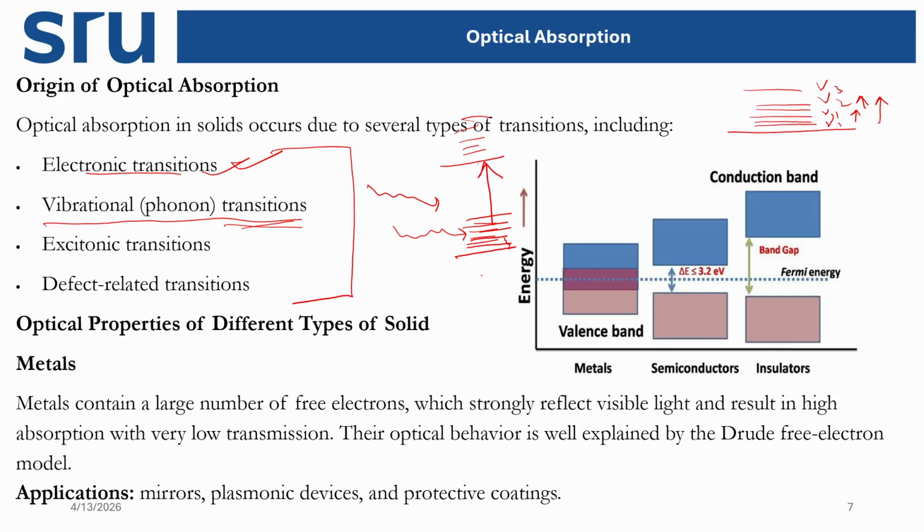An excitonic transition is this: let's say an interaction with the material is happening, where a photon comes in from outside, interacts with the electron, and the electron goes away.